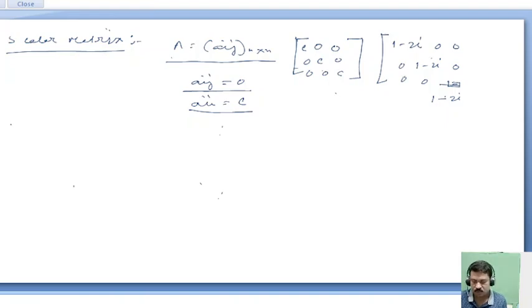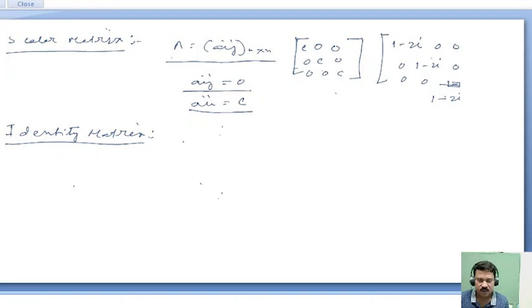We now come to the next definition, that is identity matrix. Now what is the identity matrix?